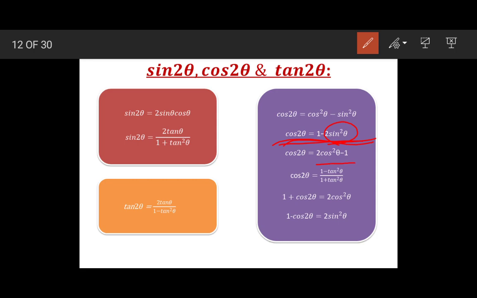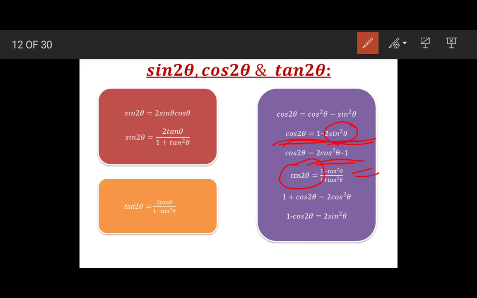In that case cos 2 theta will be 2 cos square theta minus 1. If I want to convert cos 2 theta only in terms of tan theta, then the formula will be 1 minus tan square theta upon 1 plus tan square theta.